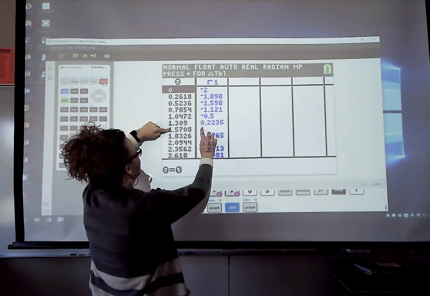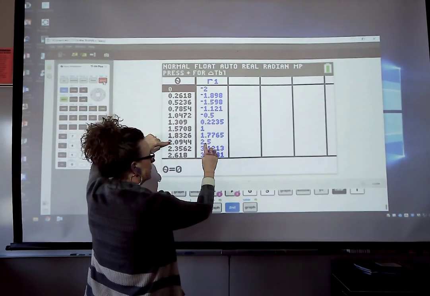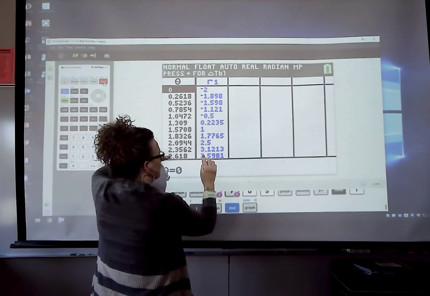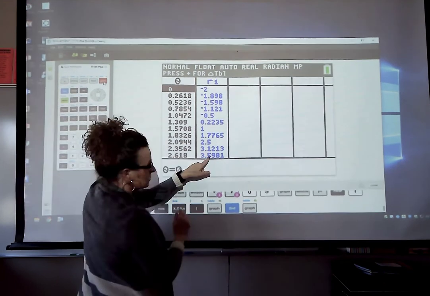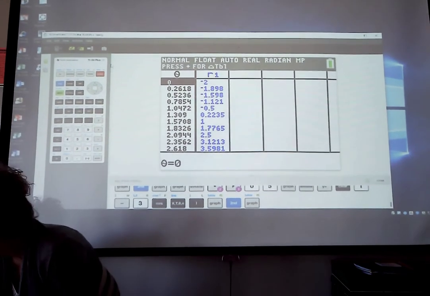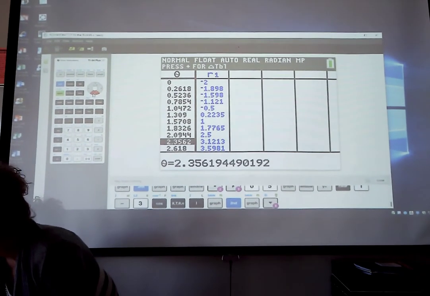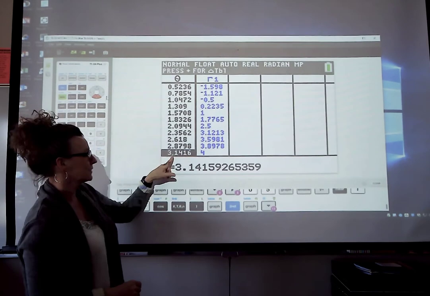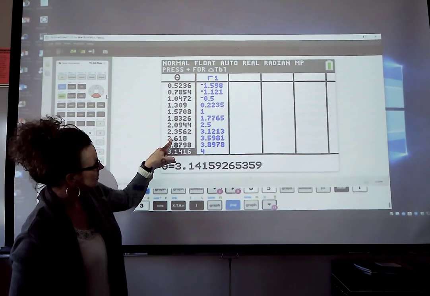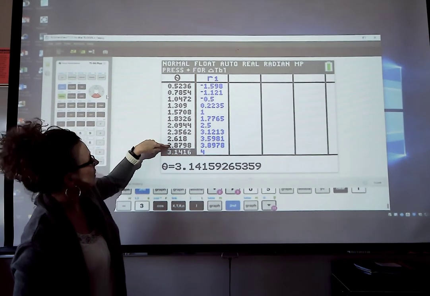Does it go on? It does. 7 pi over 12. Skip it. 8 pi over 12. Write it. 9 pi over 12. Write it. 10 pi over 12. That's 5 pi over 6. Write it. Oh, and I need one more. 6, 7, 8, 9, 10, 11 pi over 12.